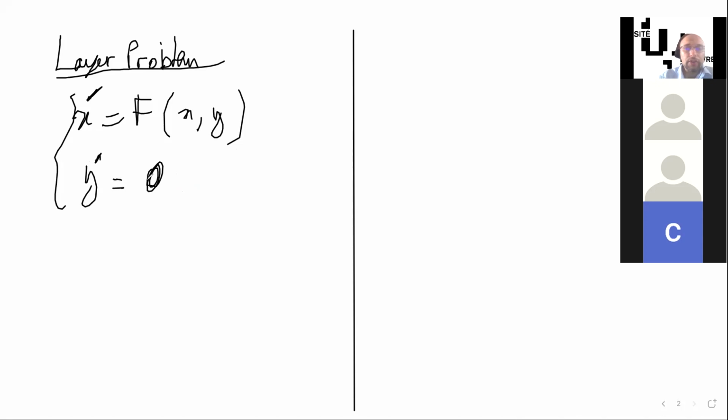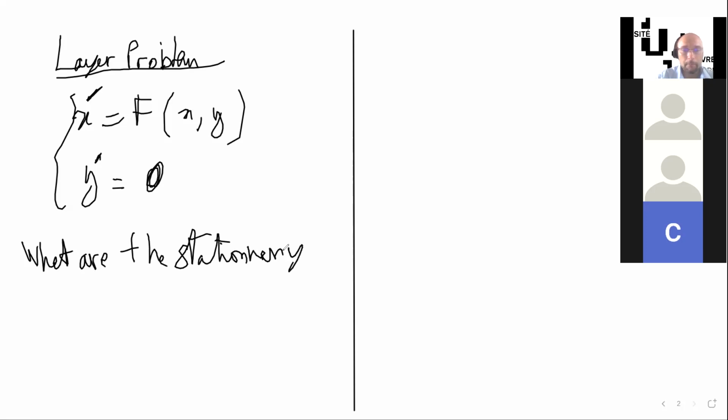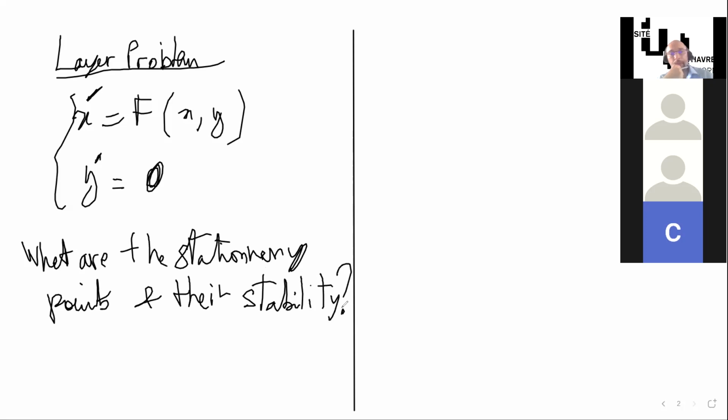Okay, so you can just study that. So what are the stationary points and their stability?